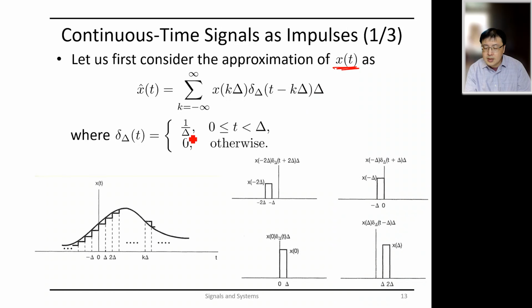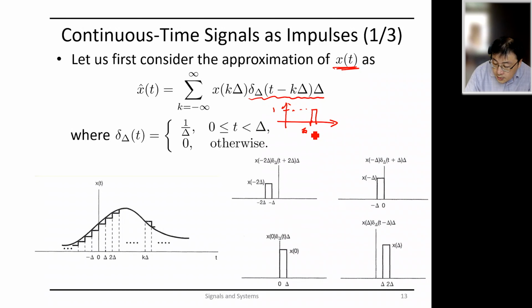So when this capital delta is multiplied with 1 over capital delta, then we basically have a rectangular pulse with magnitude 1. So this thing here is essentially a rectangular pulse with magnitude 1 at time k delta.